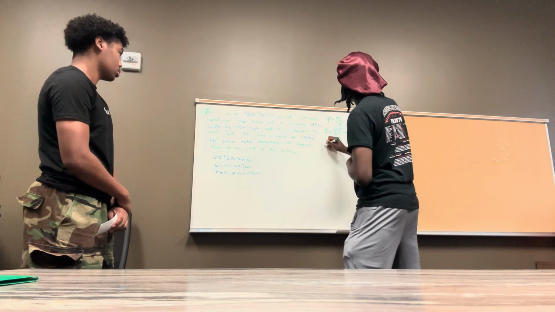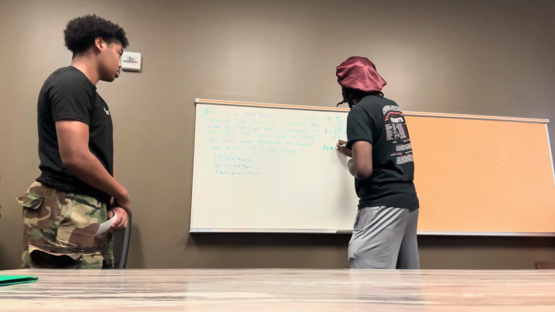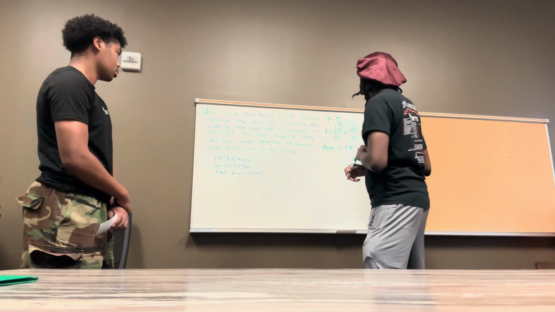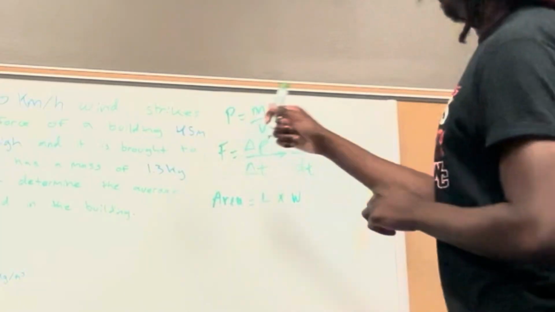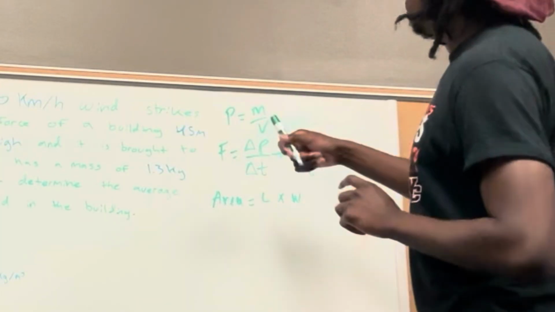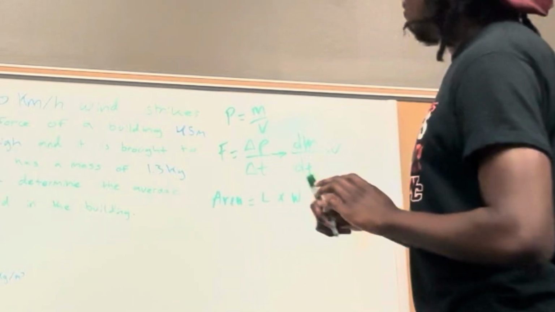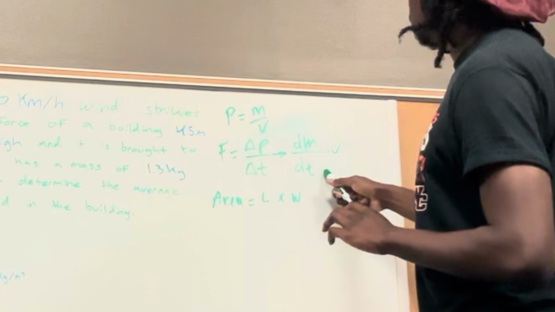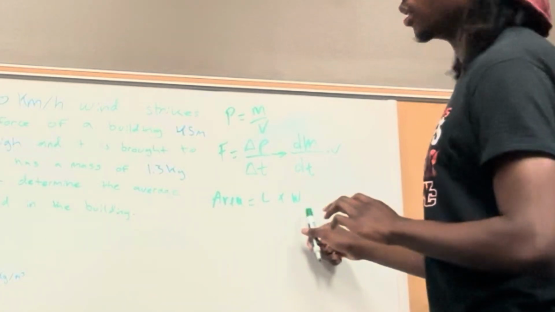And lastly, area equals length times width. P would be momentum, m would be mass, v would be velocity, F would be force, and dm over dt is mass over time.